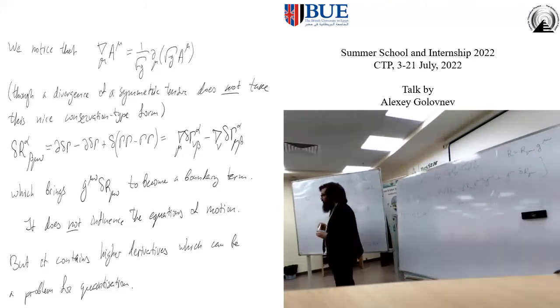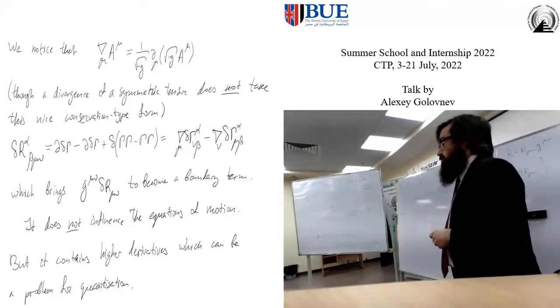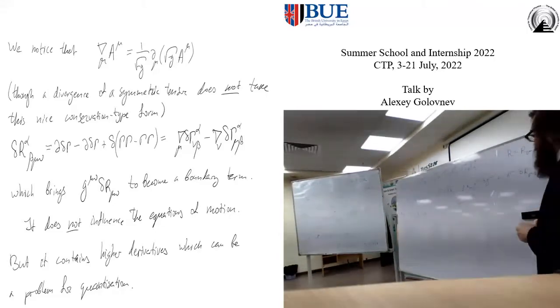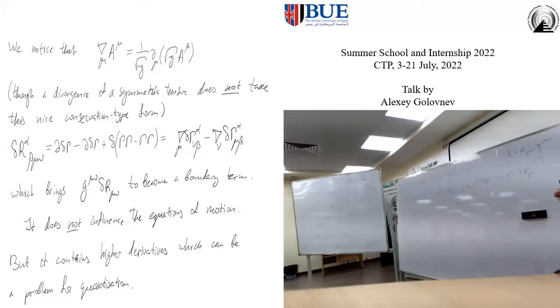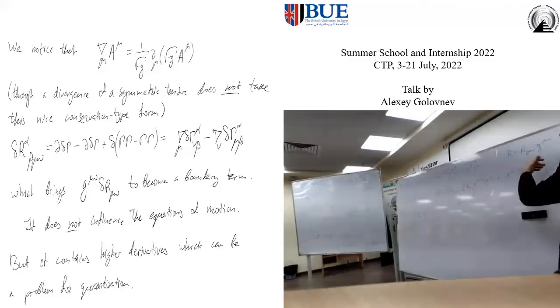And usually it's not what we want to have in our action. We want to have first order derivatives in the action, so that the equations of motion are second order. In gravity, you see, we get something different from that. And actually, why it's not so bad is just because all the second derivatives are just boundary terms. Integration by parts can just make you get rid of them.